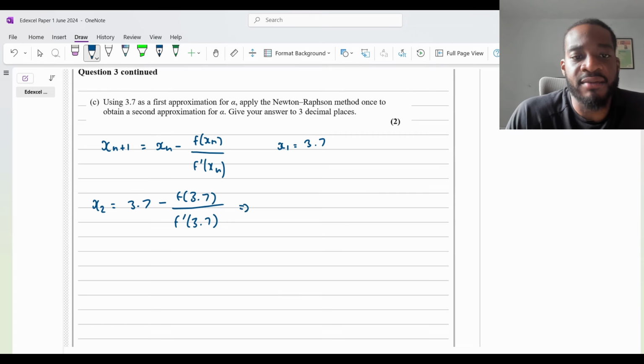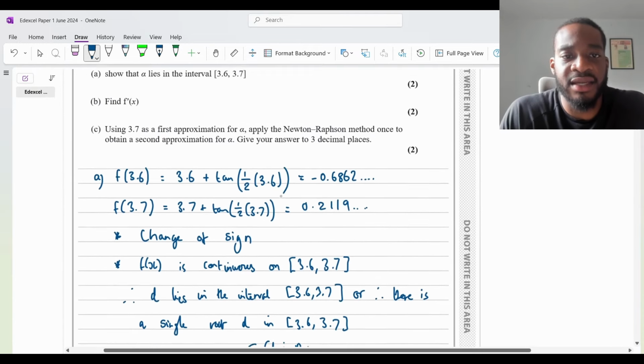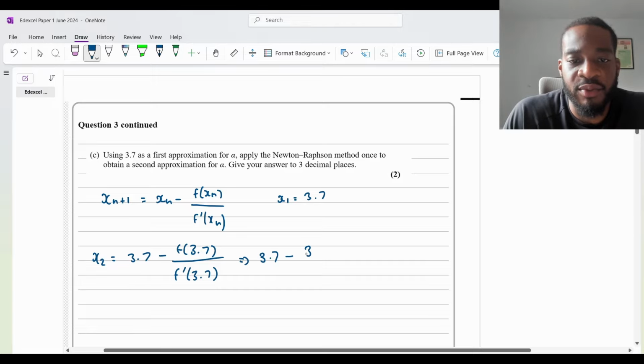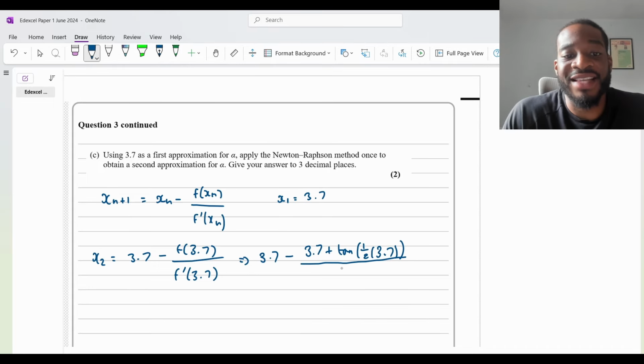So doing that is going to be 3.7 minus, now the function, remember, was x plus tan a half x. So it's going to be, we did it already anyway, 3.7 plus tan of a half of 3.7, like that, over f dash of 3.7.